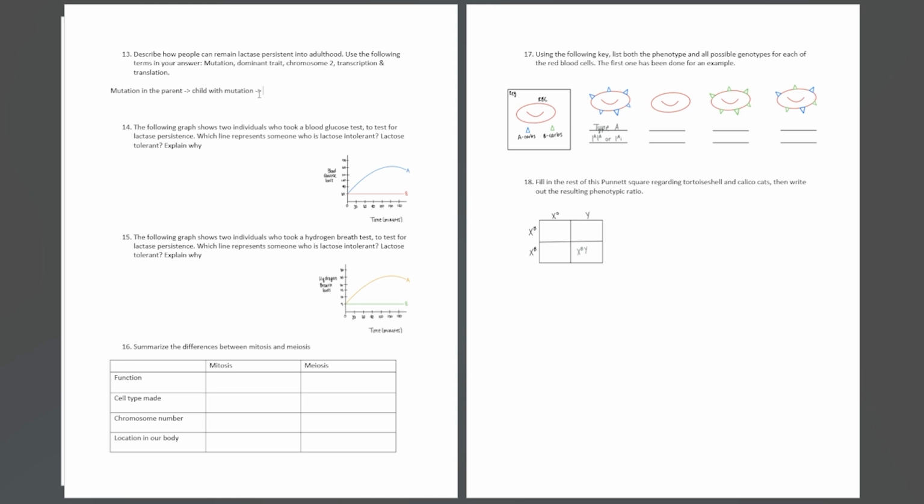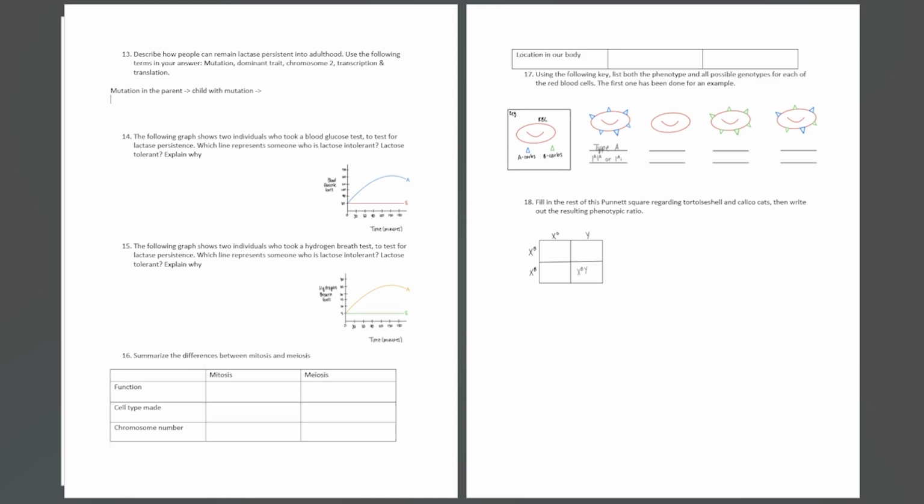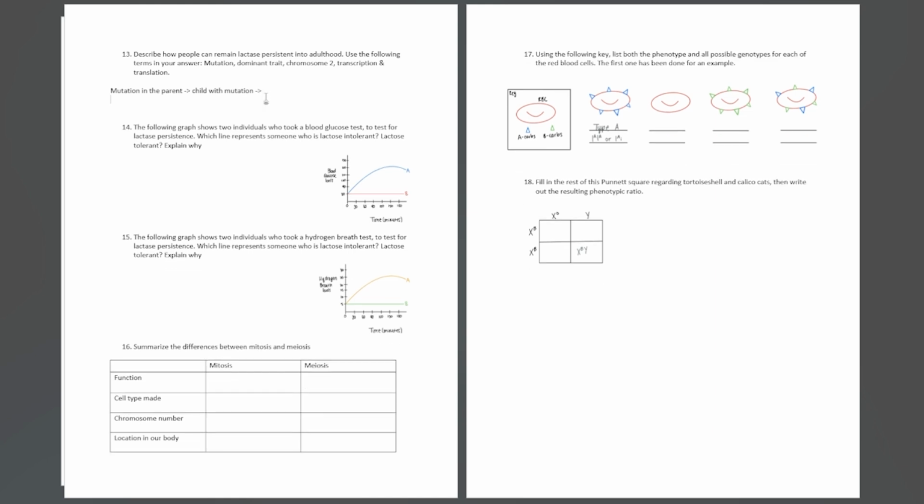I could be wrong about this, honestly. For this question in particular, I'm just kind of winging it as we go along, so you will probably have to fact check me on this one.